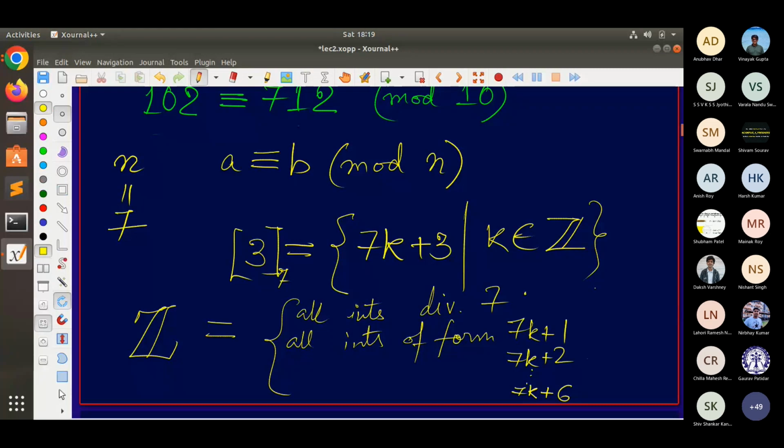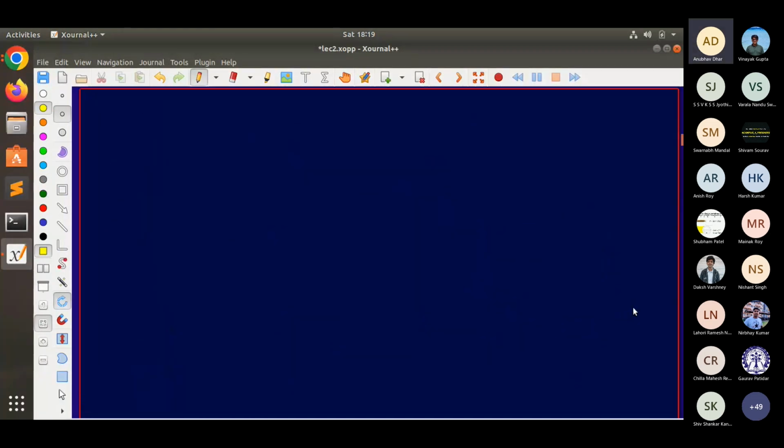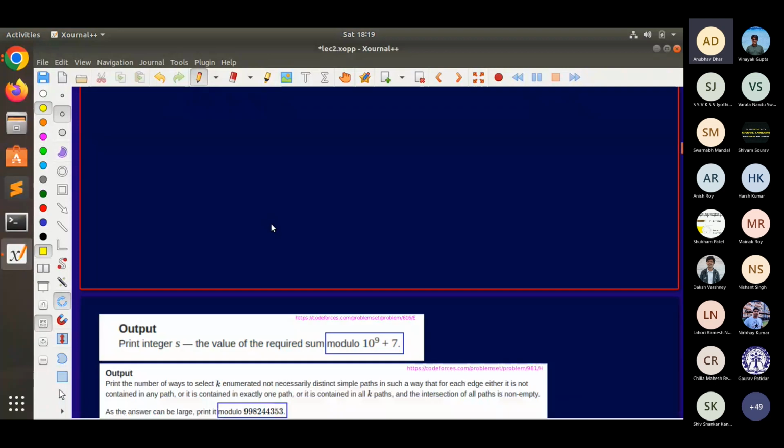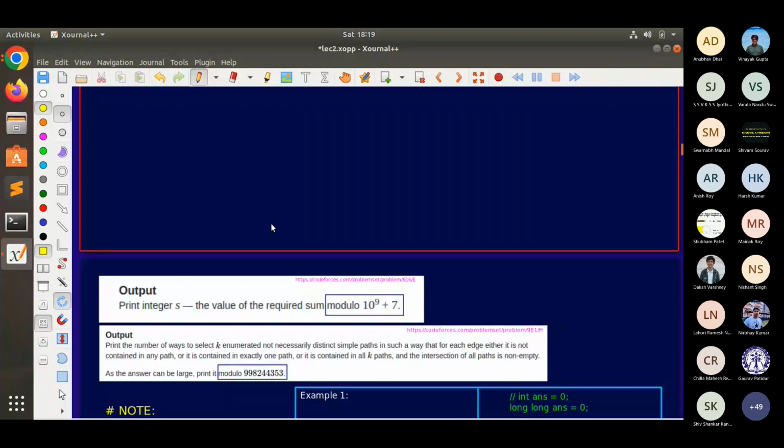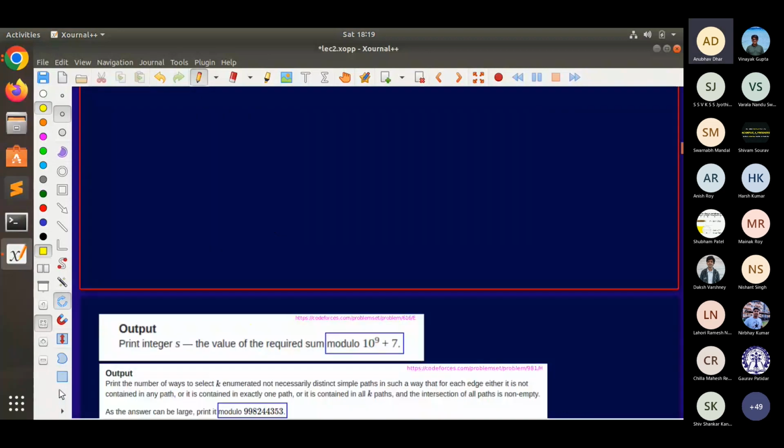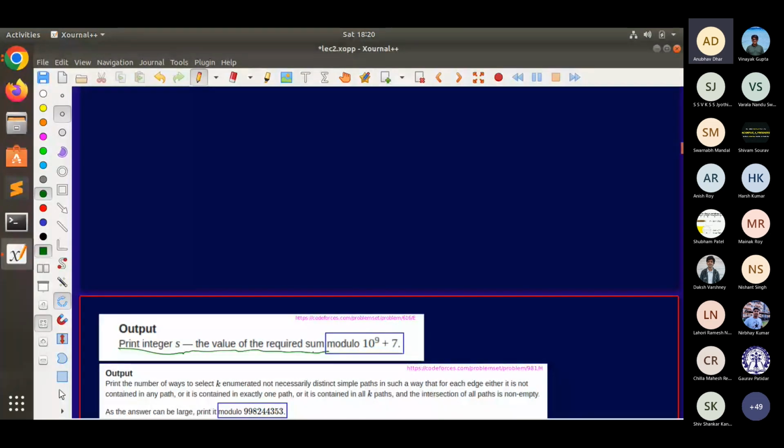Okay. Now let's move on to what the CP questions mainly want you to do. In CP questions, you will get something like this written: print S, the value of the required sum for some question, modulo 1e9 plus 7.